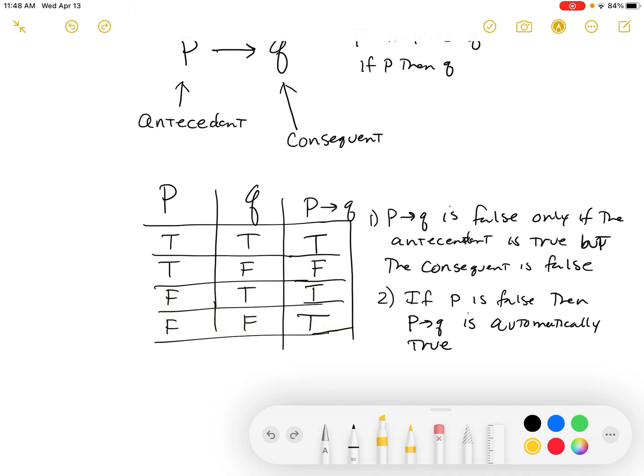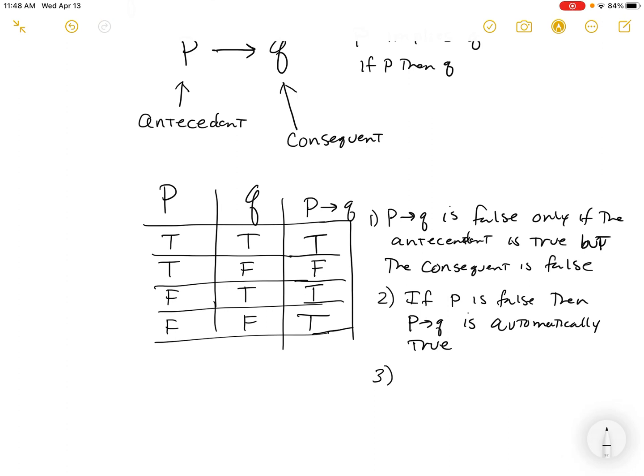And there's one other situation that we can make note of, and that is, the third thing we can make note of is if Q, the consequent, is true, then P implies Q is automatically true. Right?